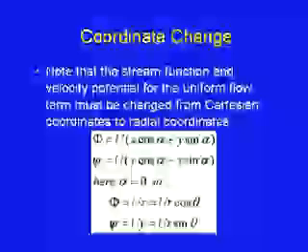If alpha is equal to 0, as in the previous figure, then phi is equal to ux, that is u r cos theta, and psi is equal to uy, that is u r sin theta. First we do this coordinate change, and then we can get the velocity potential and stream function for the half body.